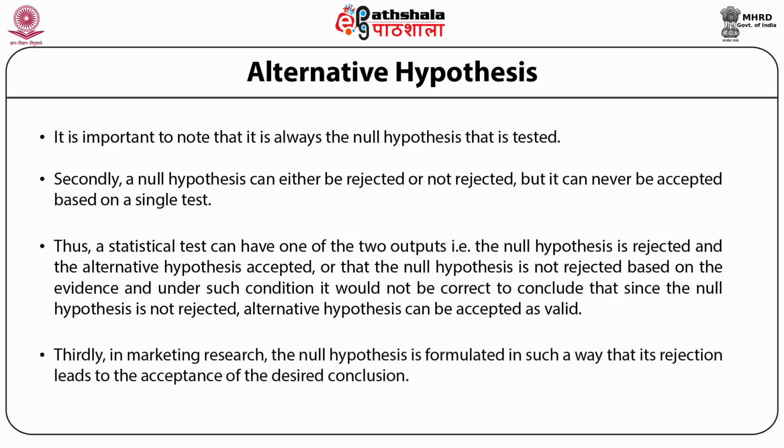The third point that we should keep in mind is that in marketing research, the null hypothesis is formulated in such a way that its rejection leads to the acceptance of the desired conclusion. The alternative hypothesis represents the conclusion for which the evidence is sought.